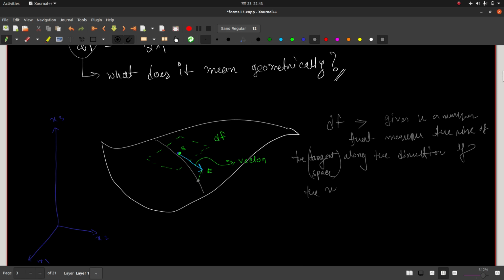Since in this picture I have written it as S and E, I'll just call it AC. This is the geometrical meaning of this total differential.